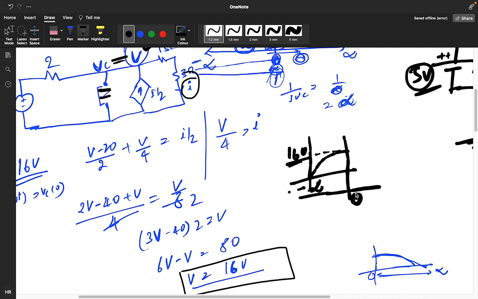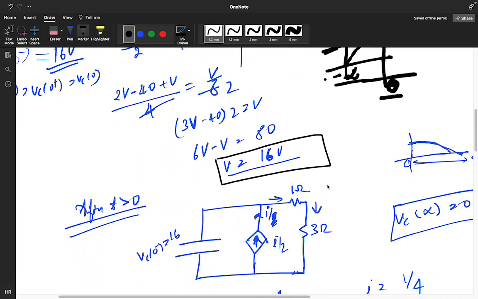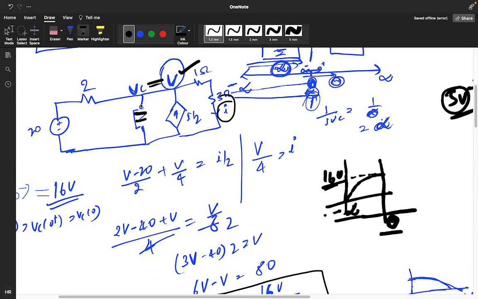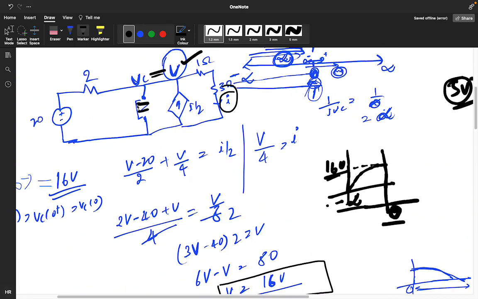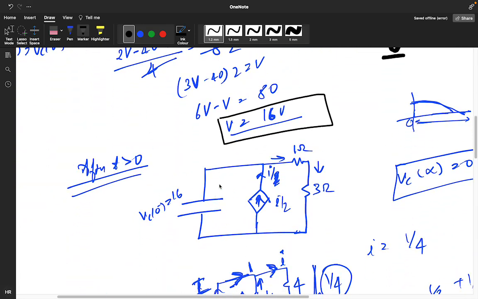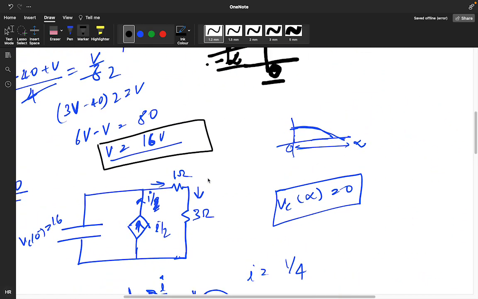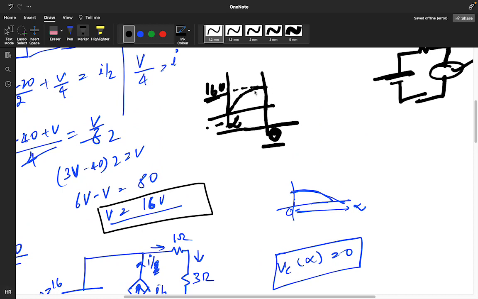At 0 time I am changing the switch. Now the voltage the capacitor was charged to will get dissipated in the resistance, so it will discharge. At final time, one time will come when the voltage becomes 0.